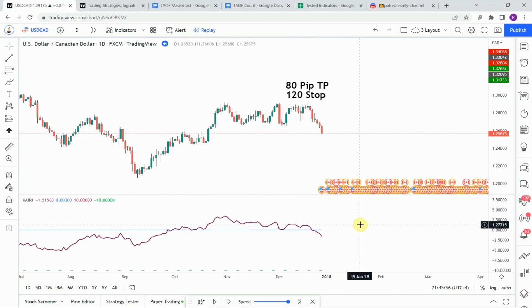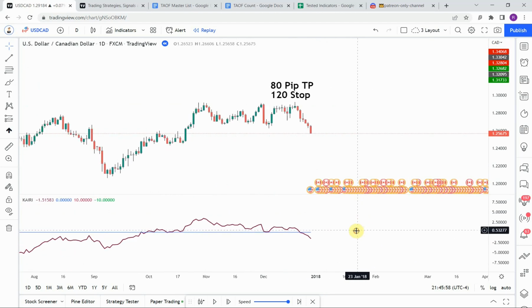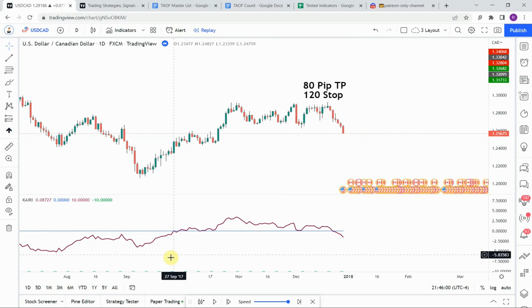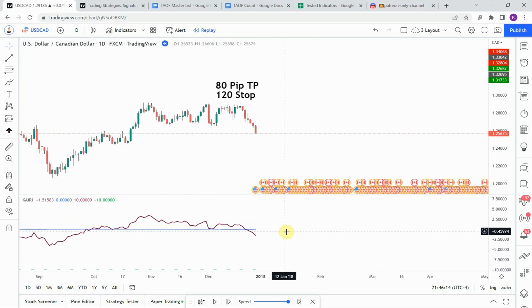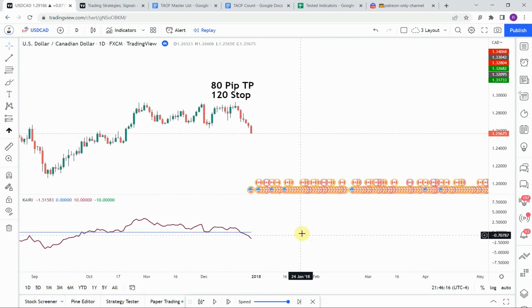And so the setup on this, as you can probably guess, is as we get a break to the upside of the zero line, then we are going to go long. When we get a break to the downside of the zero line, then we are going to go short. That is the setup that we're looking for there. Let's go ahead and get on with the testing and see what we can get out of it.